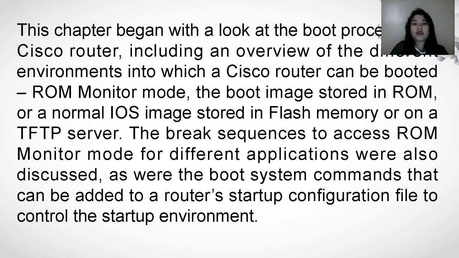The break sequences to access ROM monitor mode for different applications were also discussed, as were the boot system commands that can be added to a router's startup configuration file to control the startup environment.